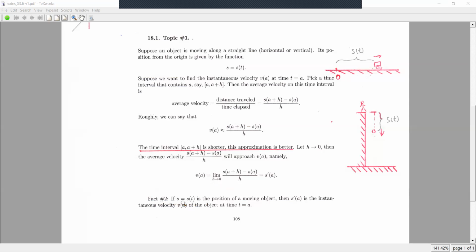If the function is the position function of a moving object, then the derivative of the function at the time A is the instantaneous velocity of the object at the time A.